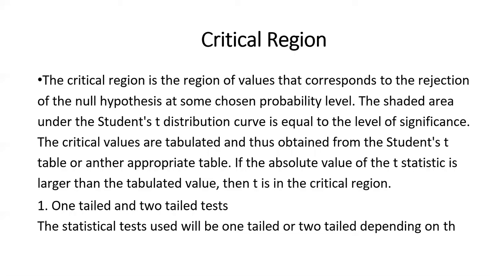The shaded area under the student t distribution curve is equal to the level of significance. When the critical values are obtained from the student's t table or another appropriate table, if the absolute value of the t statistic is larger than the critical value, then the t is in the critical region.